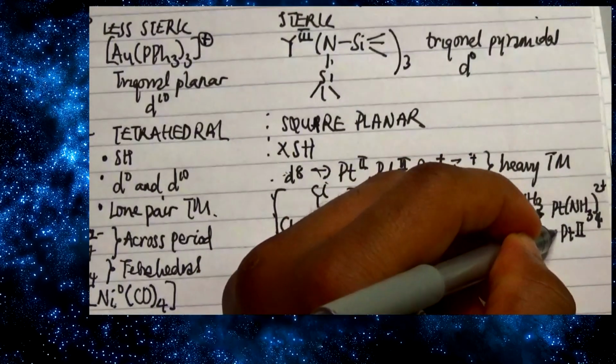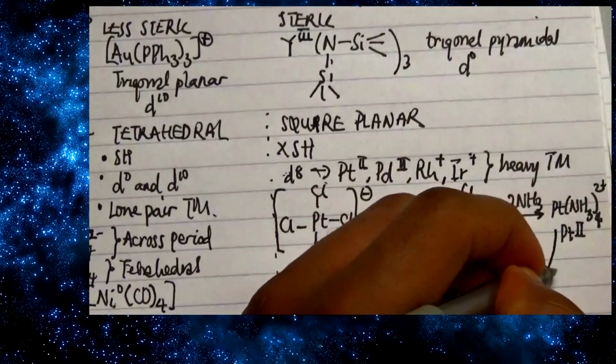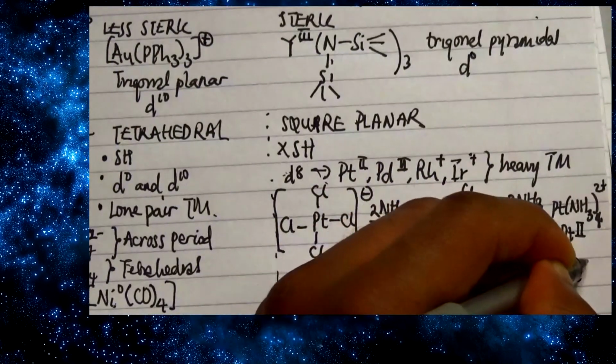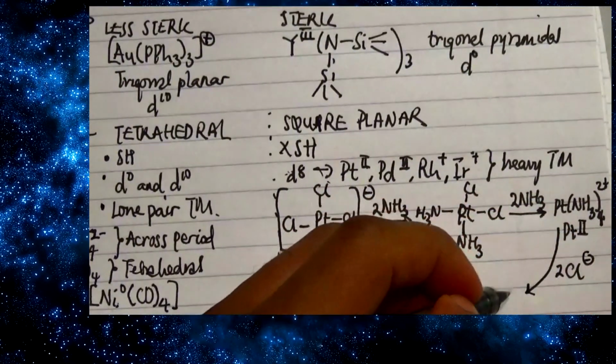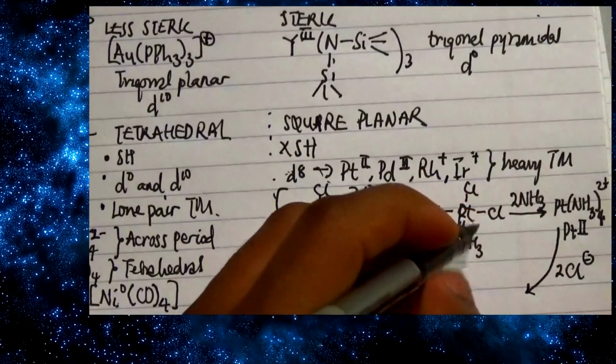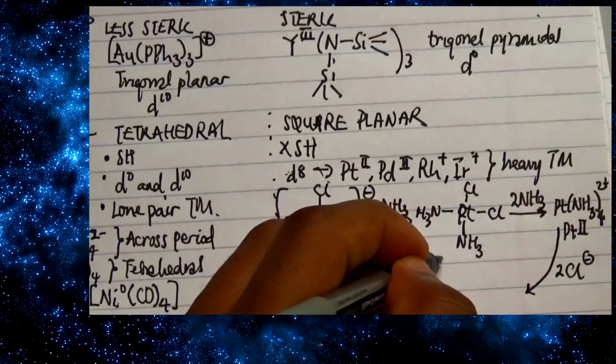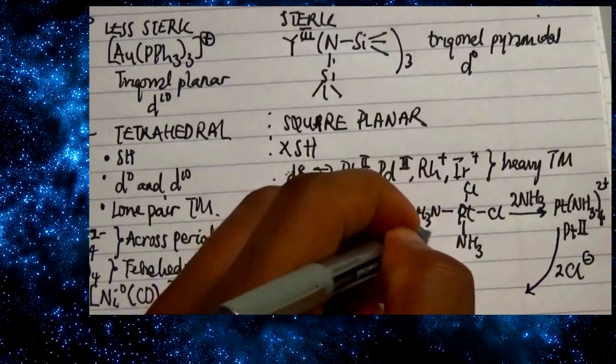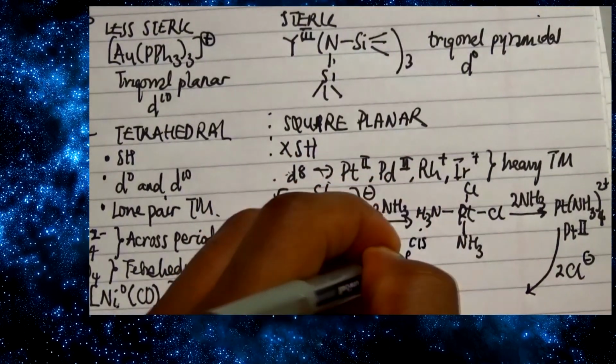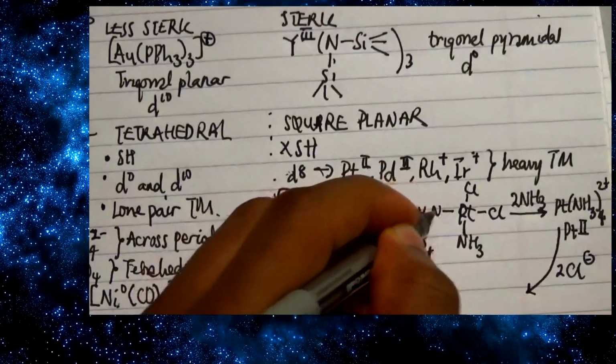Now, if you do this here and subject this to 2 chlorine atoms, then you have a substitution process that will actually translate this to the trans-platin. You notice that in here we have a cis-platin for our compound in the first step now.